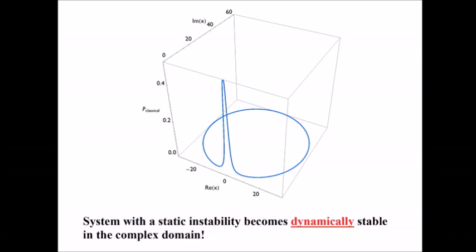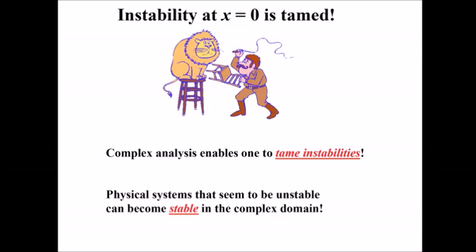And that's the reason why we can have stable quantum bound states, okay? So the static instability at x equals 0 is tamed. Complex mathematics helps you to tame instabilities. And what you see is that physical systems that seem to be unstable can become stable in the complex domain.